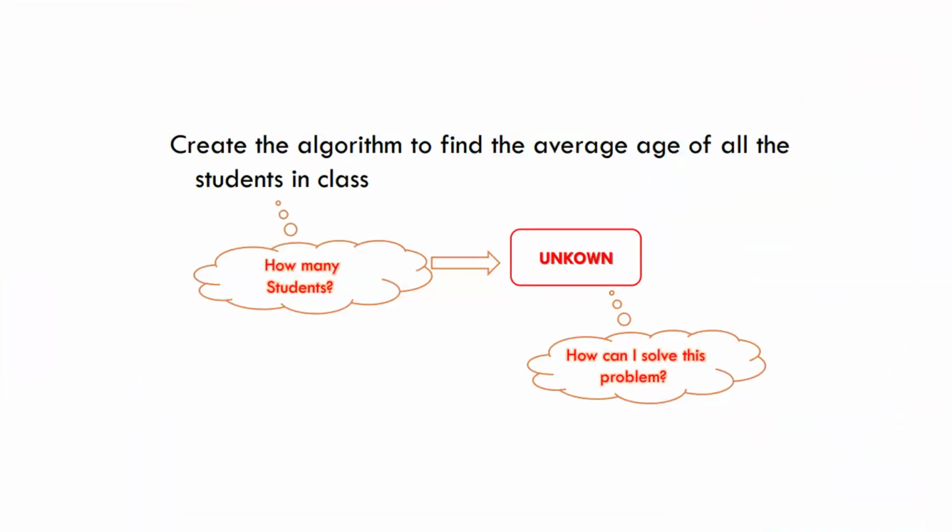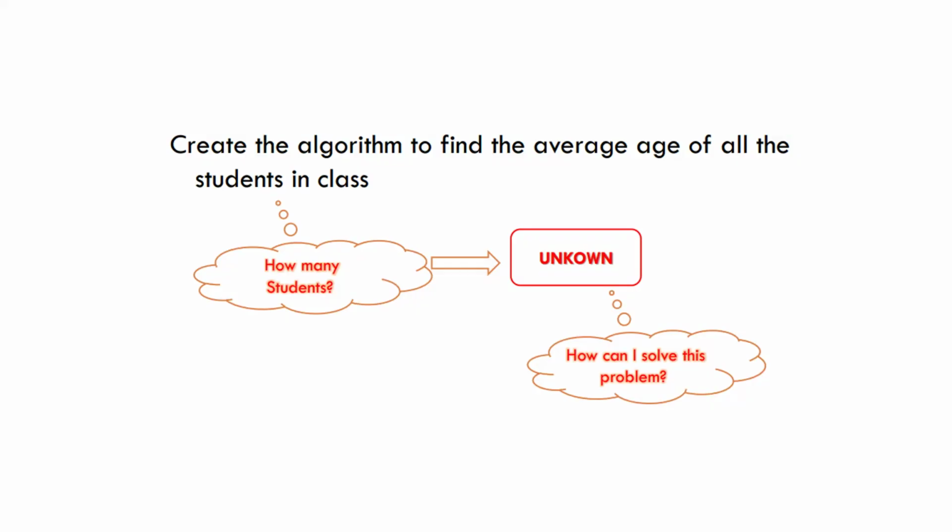Okay. For example, create the algorithm to find the average age of all the students in the class. Instead of reading the grade, we are reading just an age. The difference is this. So how can we start constructing this solution? Where is the starting point for this solution?